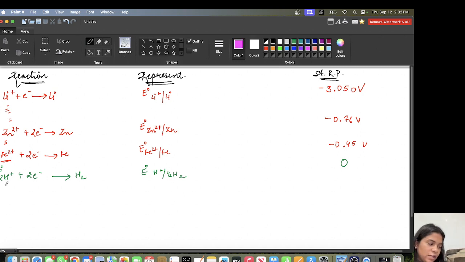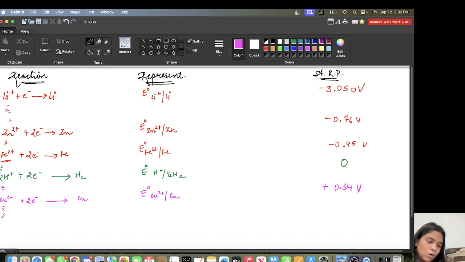Then you go a little down, you will get copper. So copper will be Cu2 plus, accepting 2 electrons to give you Cu. How will you represent it? E naught, Cu2 plus and Cu, and the value is plus 0.34. So see, after hydrogen the values are becoming positive.